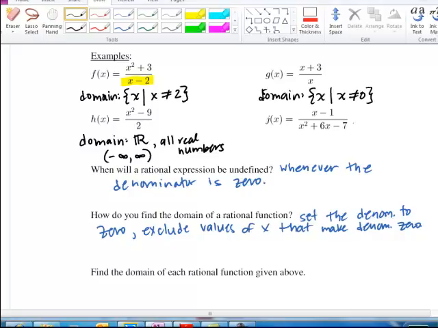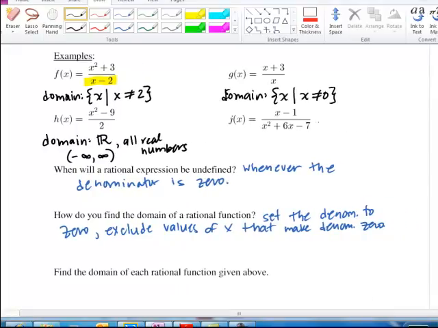On j, we need to do a little bit more work because that denominator is more complicated. So if we want to know the domain, we would set that expression equal to 0, and we would factor this. So we'd have x plus 7 and x minus 1.